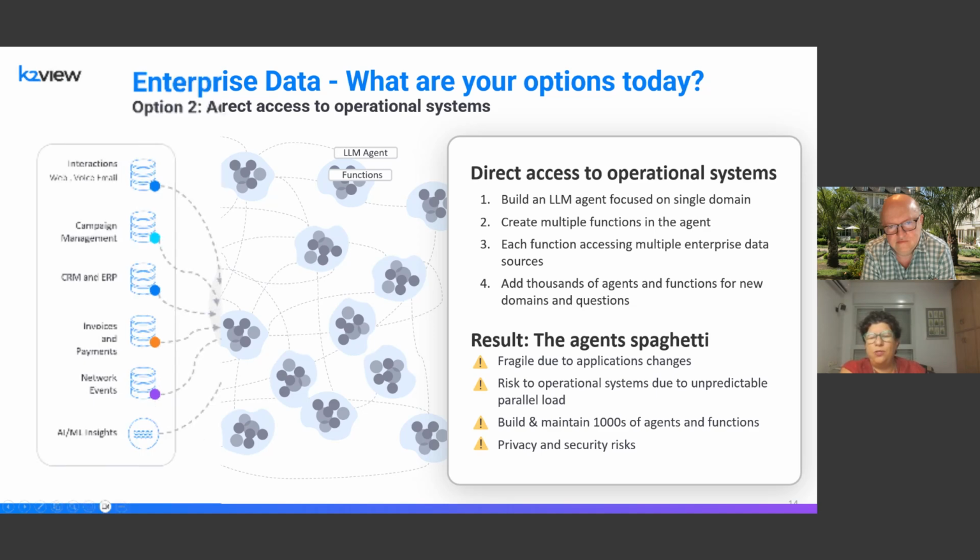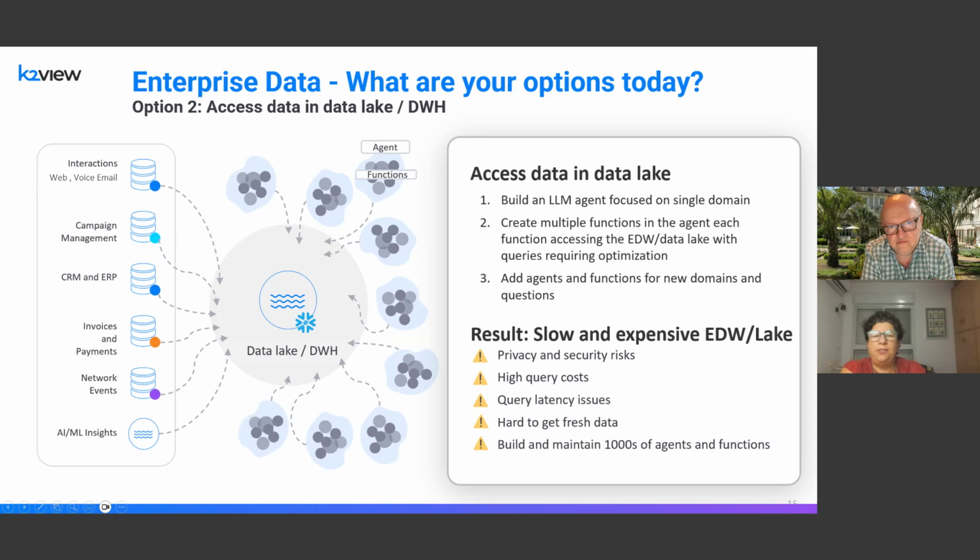Another approach that we see many organizations taking is using your data lake or data warehouse. So in this approach, instead of going directly to the operational systems, you put all the data in a data lake, and the spaghetti code issue is definitely resolved. It looks much better. The data is maintained in one place, and your LLM agents and functions can go directly there.